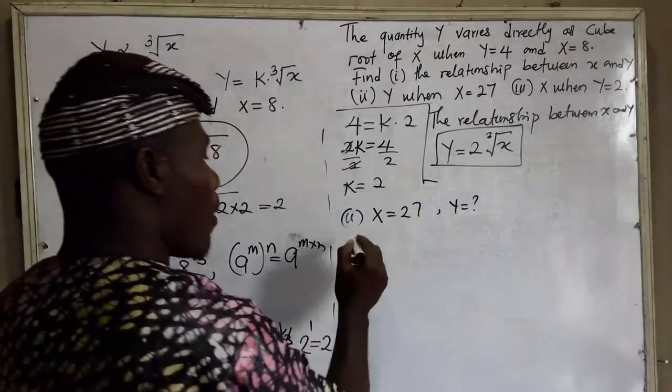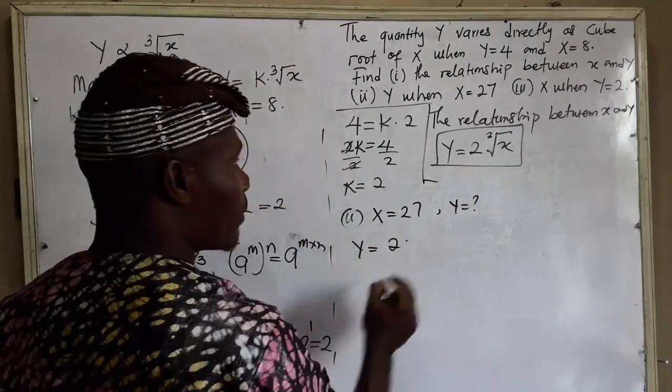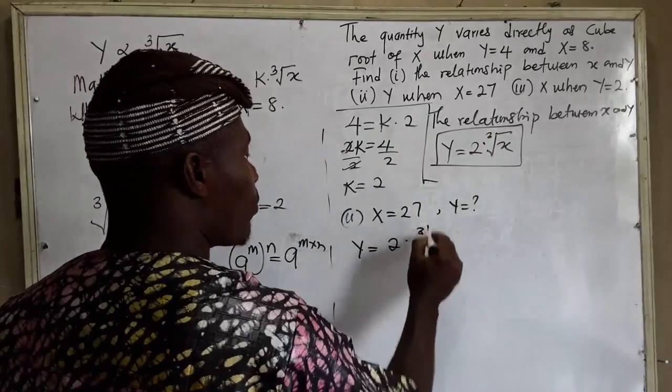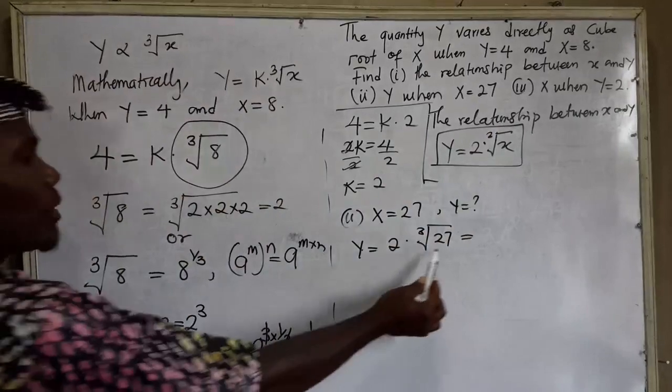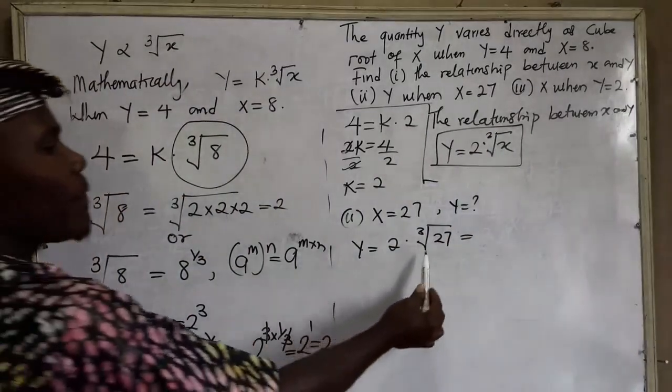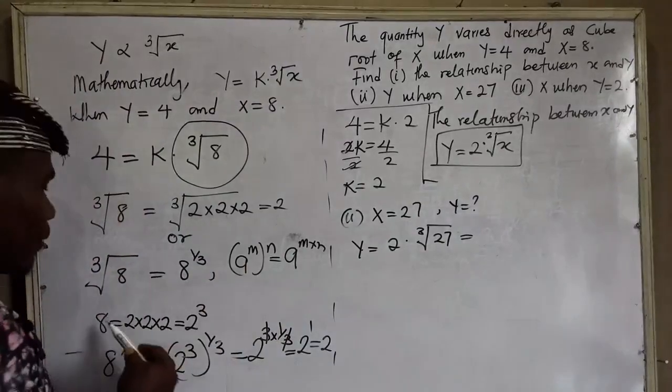So our y will now be 2 dot the cube root of 27. So you are going to pass through the same process. In case of finding the cube root of 27, you pass through the same process as I did for the 8.